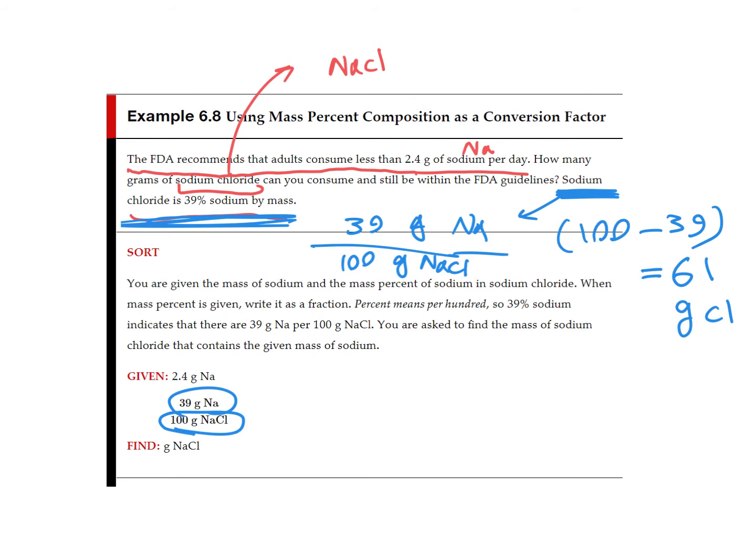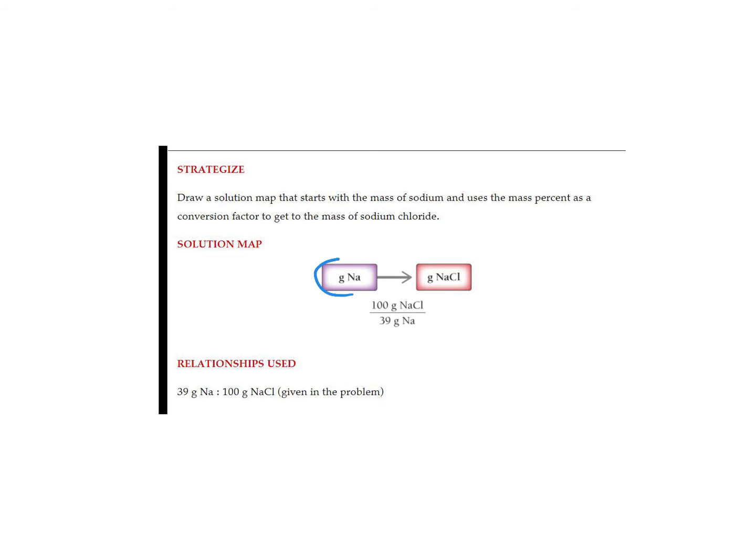Grams Cl. Okay, so this is, as I told you, the only instance that you just convert grams of Na to grams of NaCl directly. And you can just write one conversion factor. In the denominator, you have grams of Na that cancels out, and then you find grams of NaCl. So these type of questions are really straightforward, right?